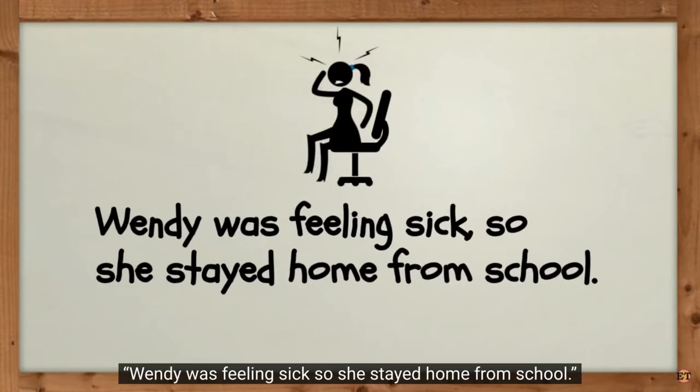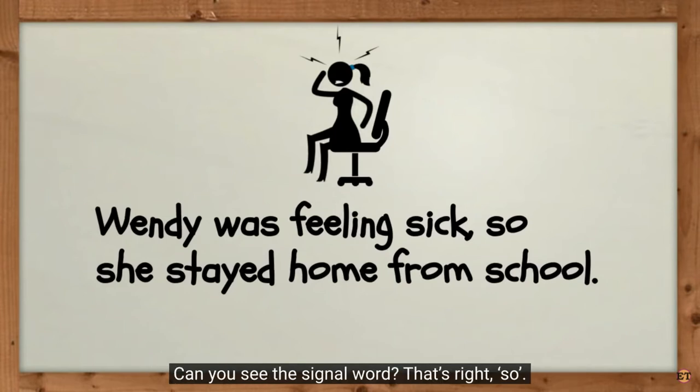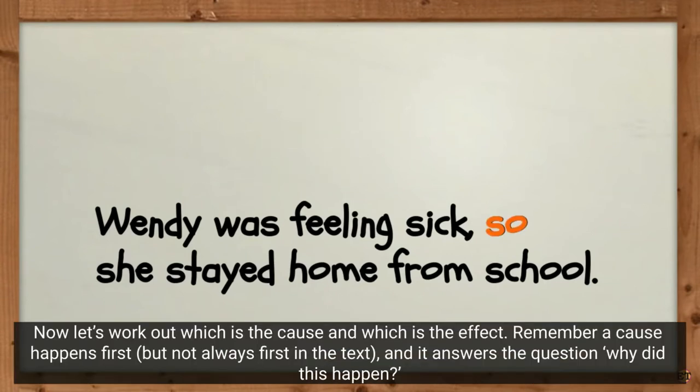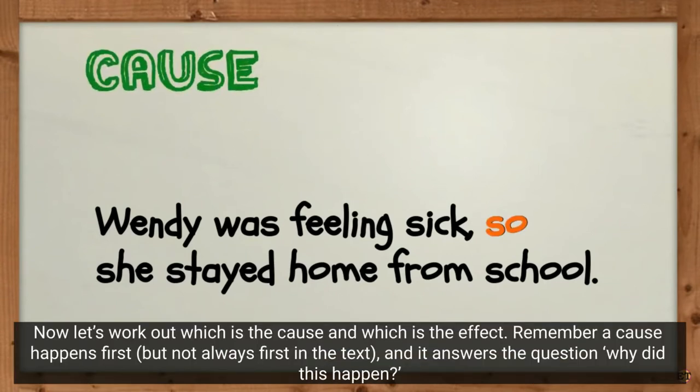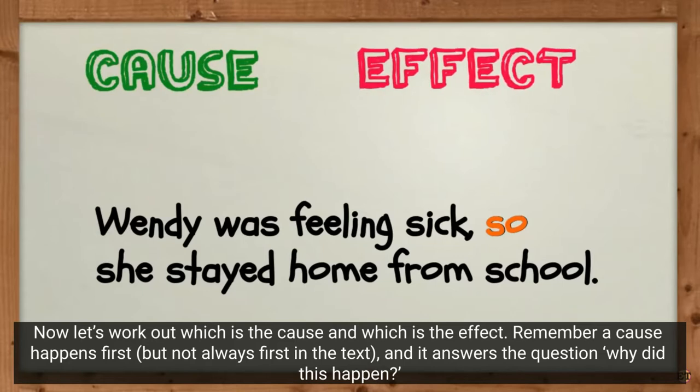Wendy was feeling sick, so she stayed home from school. Can you see the signal word? That's right, so. Now let's work out which is the cause and which is the effect. Remember, a cause happens first, but not always first in the text.